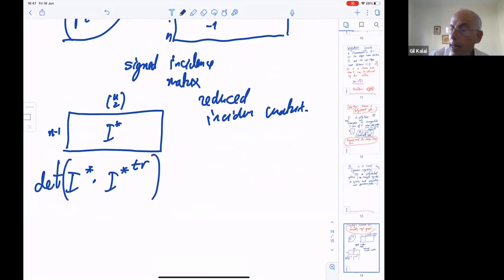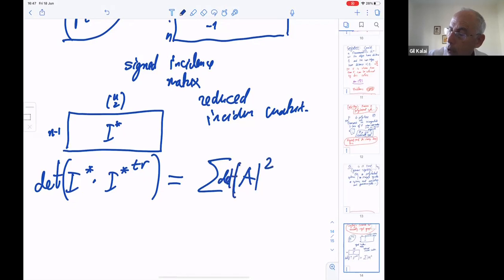And this determinant is, by the Cauchy-Binet formula, the sum of all det A squared, where A is an n minus 1 by n minus 1 submatrix.